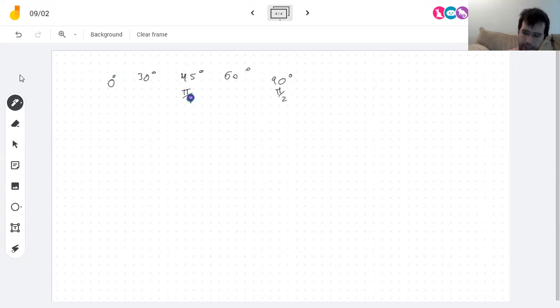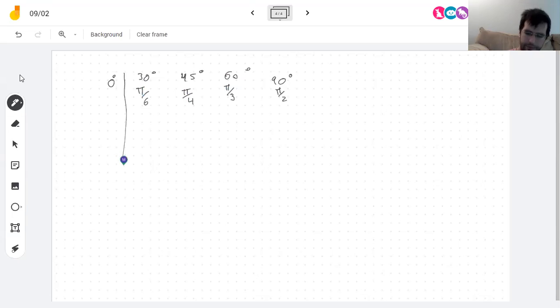It's pi over 4 radians. In calculus, when you use sine and cosine, you're always working with radians. I said it repeats every 2 pi, not every 360. 60 is 2/3 of pi over 2, so it's pi over 3. And 30 is half of that, so it's pi over 6.